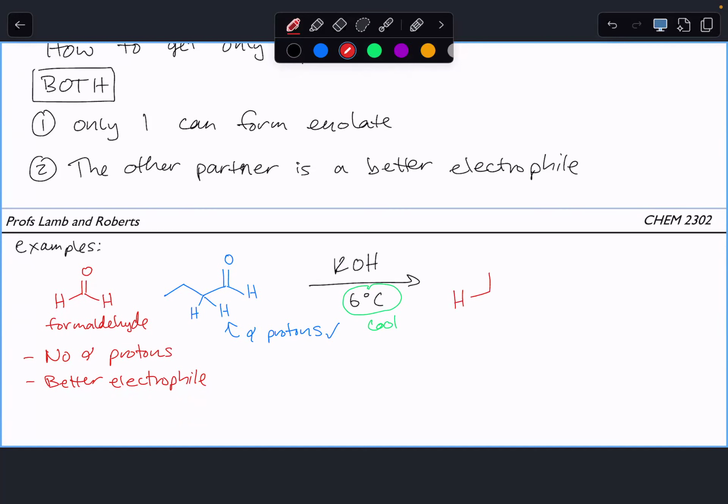So our electrophile was formaldehyde. Our nucleophile was the other aldehyde. Let's number 1, 2, 3, 4, 5. 1, 2, 3, 4, 5. And because it's cooled, it stops here. So this gives us a single product.